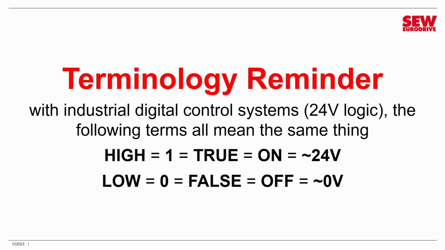And a low, or a 0, or false, or off is equivalent to a 0-volt signal, something close to ground potential. These two signals, 24 volts and 0 volts, tell the VFD what to do. I'll be using the term high and low most of the time, but I'll use on and off, 0 and 1, true and false as well. So be aware all these mean the same thing.